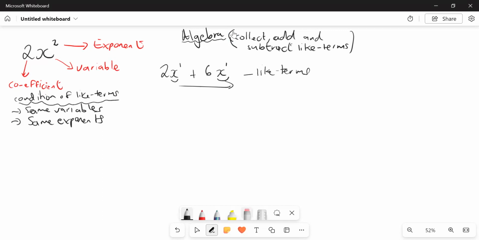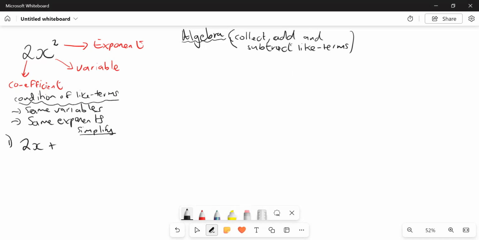So without wasting time, let's go to example 1. The question says simplify 2x plus 4x, right? The first thing that you need to check is whether the terms given to you are like terms.